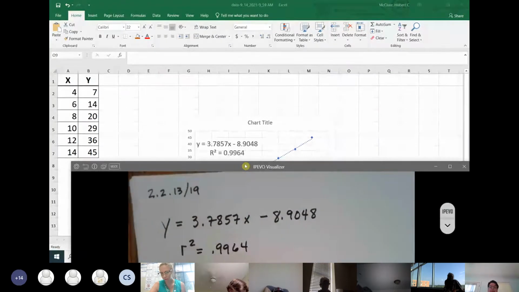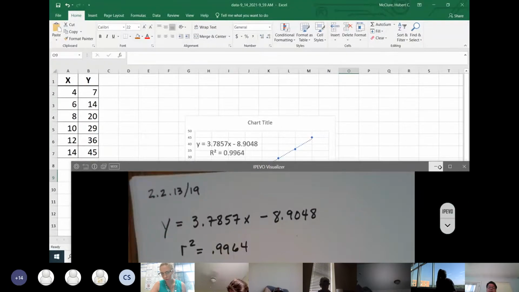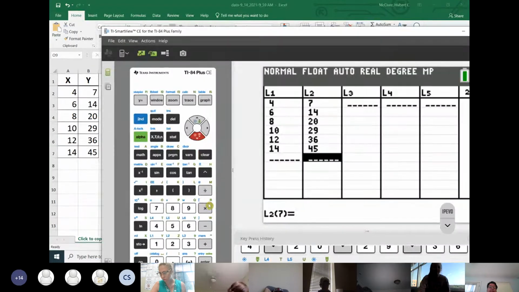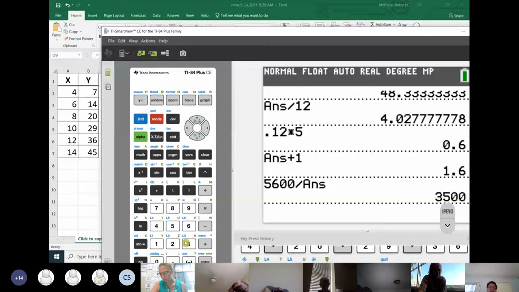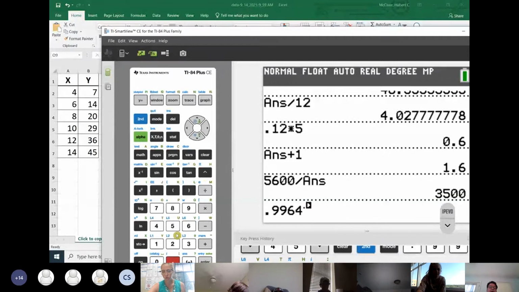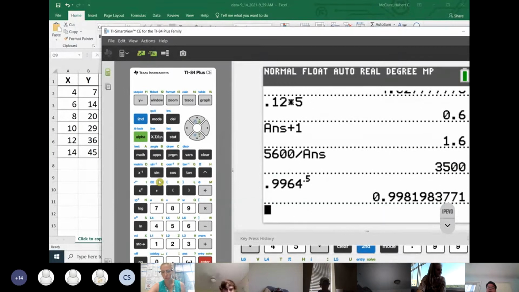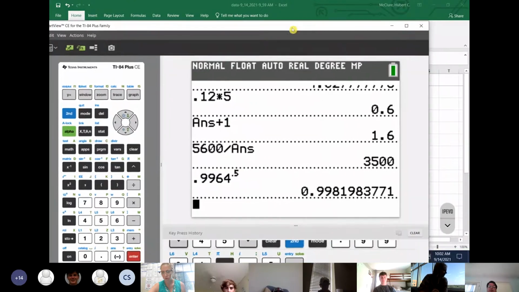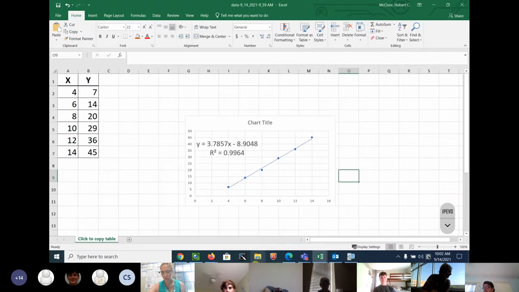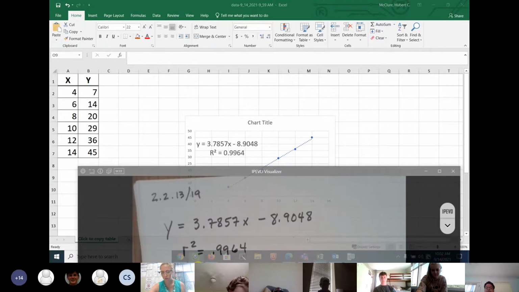R is equal to, and we're going to take our handy dandy calculator and take the square root of that. 0.9964 raised to the 0.5 power, or the square root, is 0.9982. Now, for those of you that don't know what that number is, that is called the correlation coefficient.